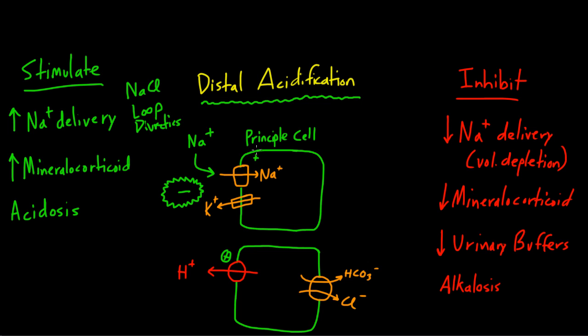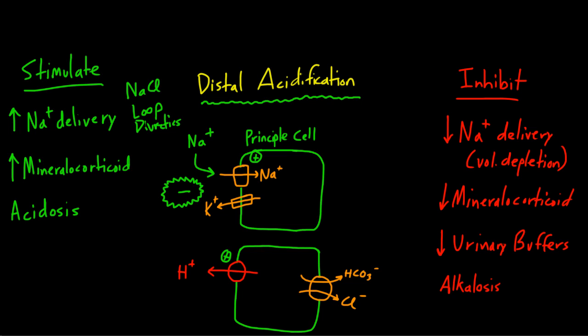So high levels of mineralocorticoid are seen in situations like excess renin-angiotensin system activation, exogenous corticosteroids, Cushing disease, even some types of licorice have a chemical that stimulates the mineralocorticoid receptor. But most importantly, acidosis. So acidosis will stimulate acid secretion, which makes sense. That's what we would want to happen.